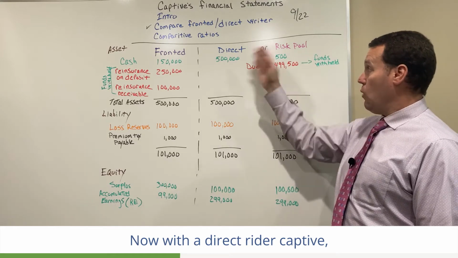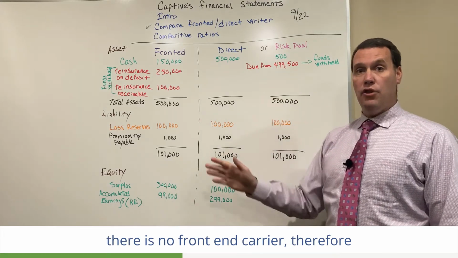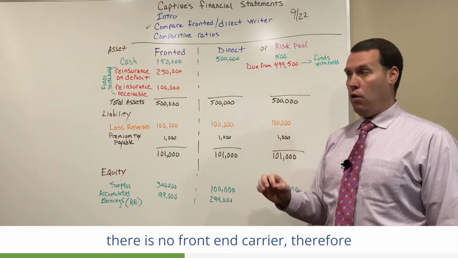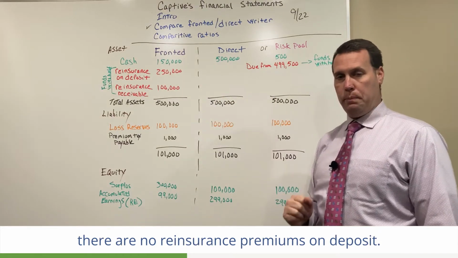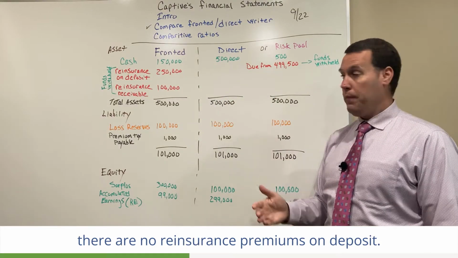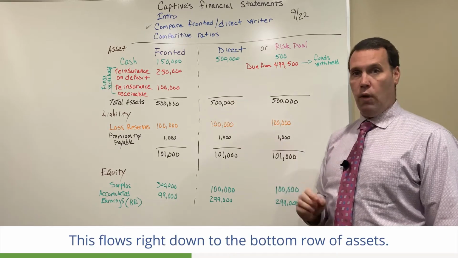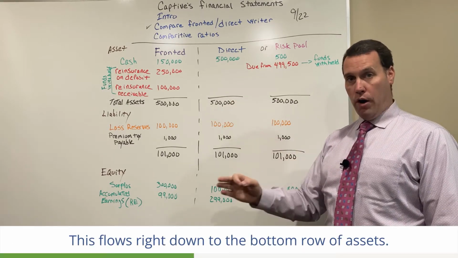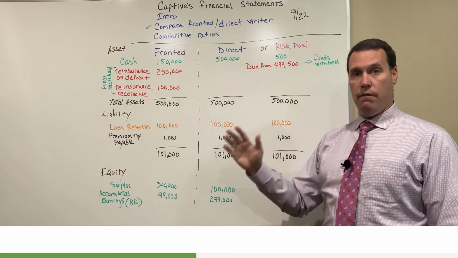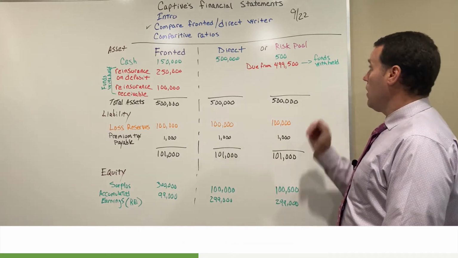Now, with a direct writer captive, there is no fronting carrier. Therefore, there are no reinsurance premiums on deposit. This flows right down to the bottom row of assets. Very simple equation.